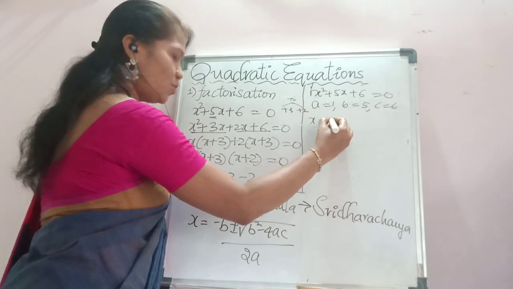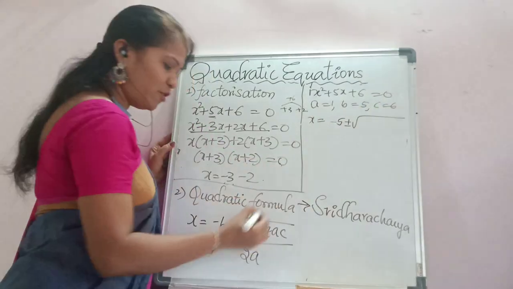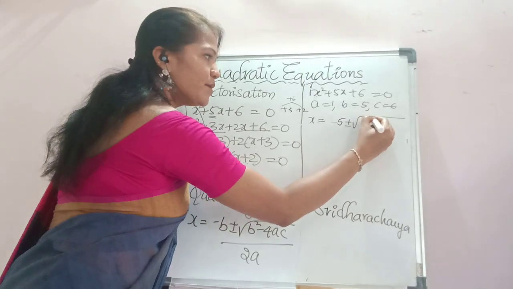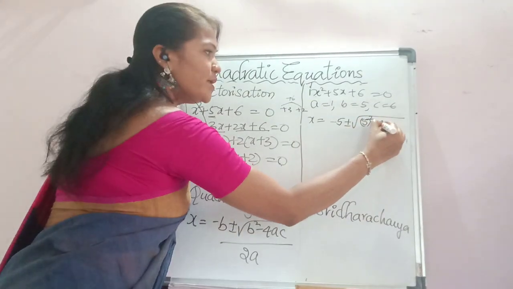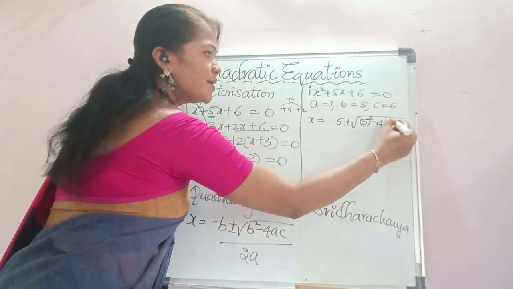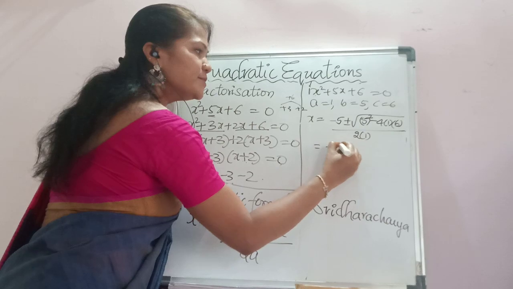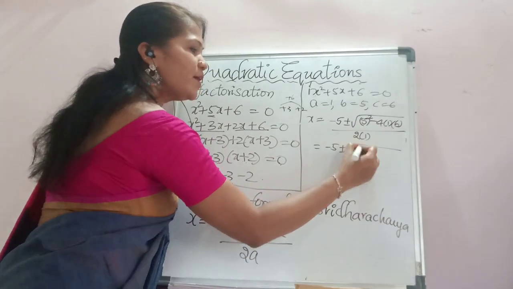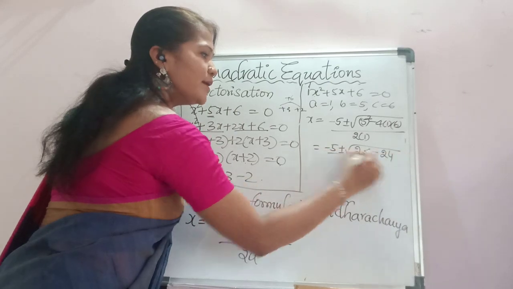So substituting, what do I get? Minus b, that is minus 5, plus or minus root of b square, 5 square, minus 4 into a which is 1, c which is 6, by 2a, 2 into 1. So minus 5 plus or minus root of 5 square is 25 minus 4 sixes are 24, by 2.